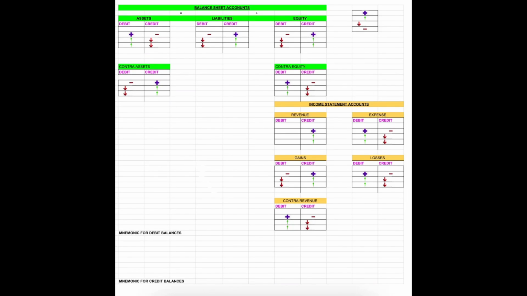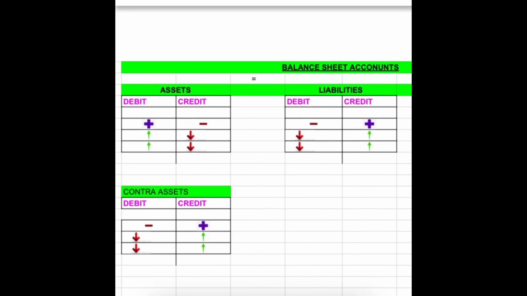The assets should always equal the total of liabilities and equity for the balance sheet to be balanced. We also know that for the equation to balance, the debit entries should equal the credit entries. Keeping that in mind, let's look at the asset accounts first.